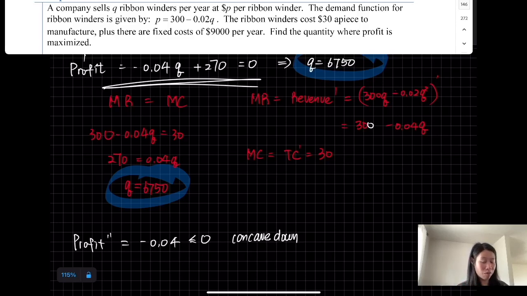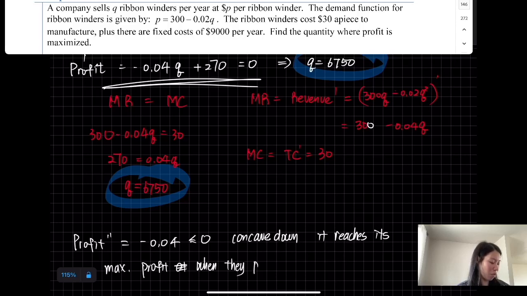If it's concave down, that means it reaches its maximum profit when they produce or manufacture 6,715 ribbons.